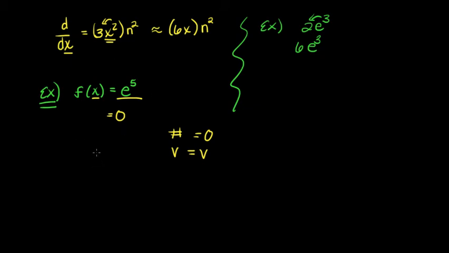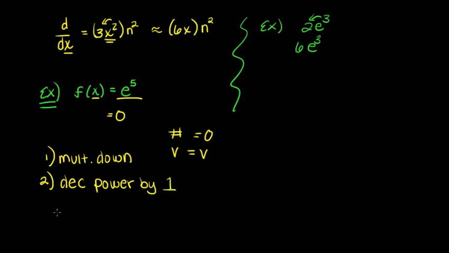So there are a few things to work on here. Just remember that you always are multiplying down. So step 1, always multiply down. Step 2, when taking a derivative, decrease your power by 1. And then do not forget about constants. What are we differentiating?